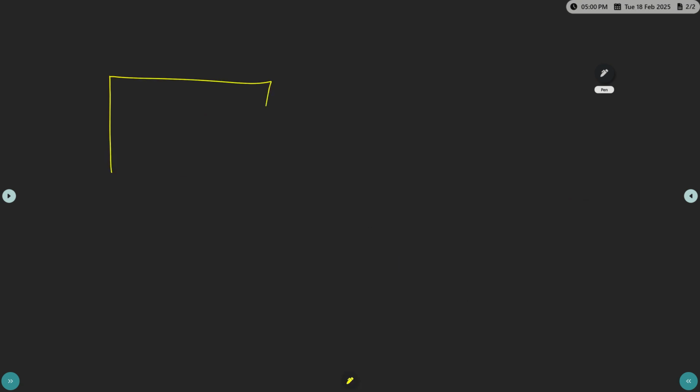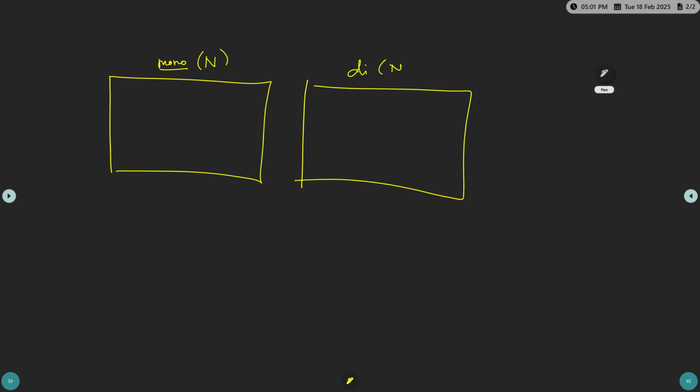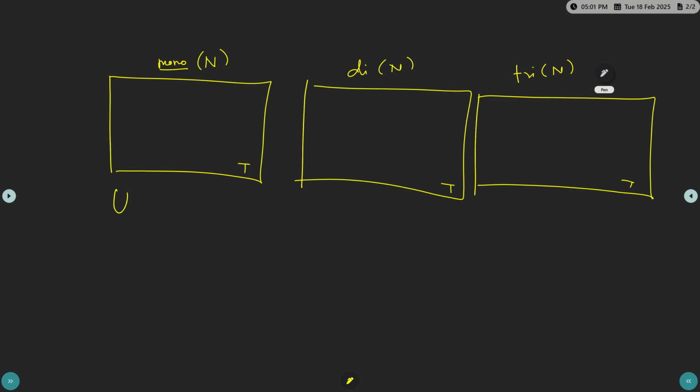First, let us consider monoatomic gas. Monoatomic gas, n particles. Diatomic gas, n particles. Triatomic gas, n particles. All of them are at the same temperature T. The total internal energy of this gas, which is also the total kinetic energy of the gas, because the molecules are not interacting with each other, otherwise we could have potential energy as well.